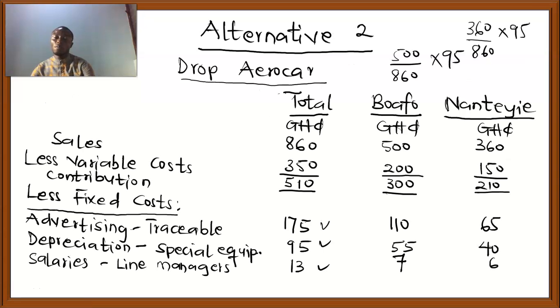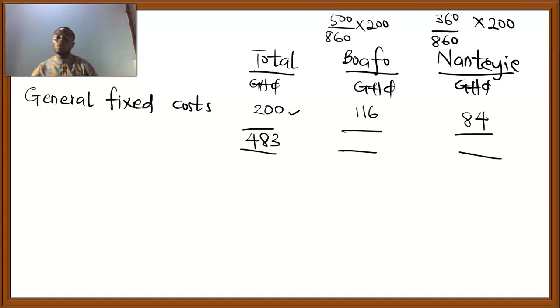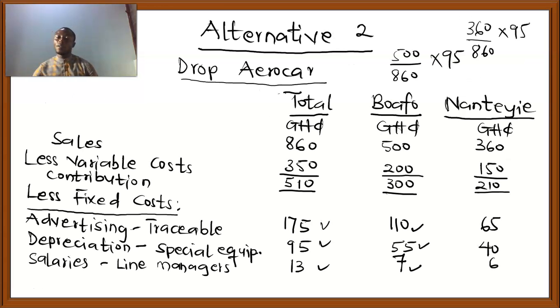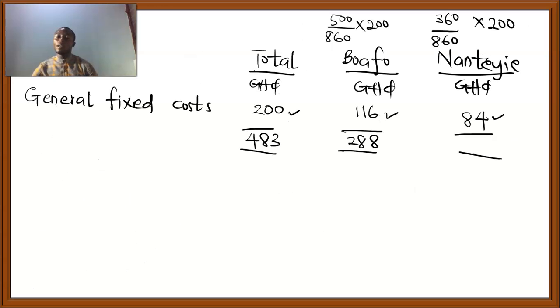And in respect of Boafo, we have 110, 55, 7, and 116. And that gives us 288 in fixed cost. Then for Nantier, we have 65, 40, 6, and 84. When you sum all of them up, we have a figure of 195.